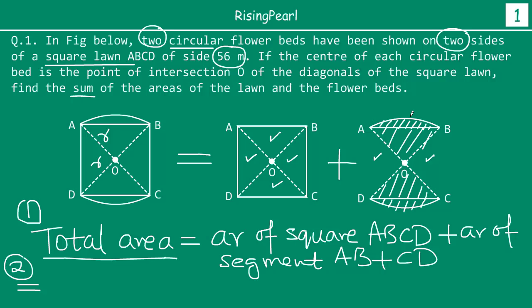So if I want to use the entire sector as highlighted here, then I need to add half of the square.